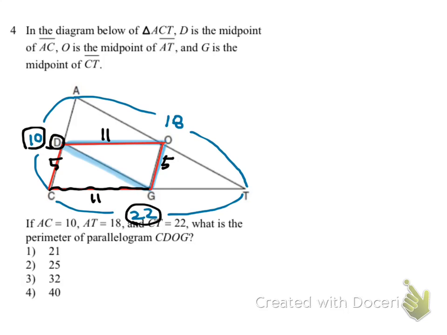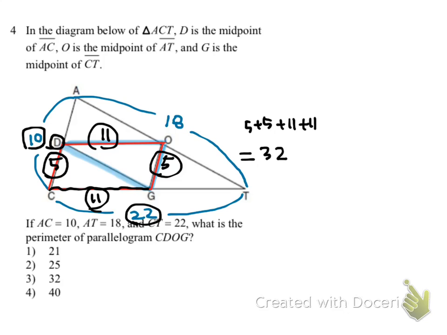Then I guess we are done. The perimeter of this parallelogram is 11 plus 11 plus 5 plus 5. So once you add them up, that's right, this becomes 32. So choice 3 becomes our answer.